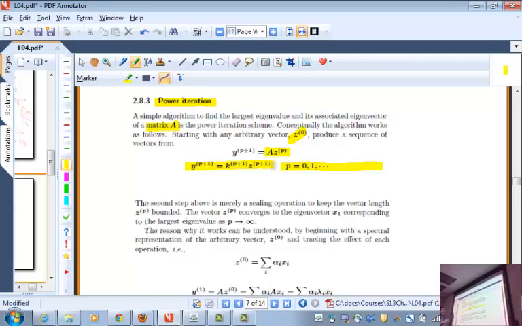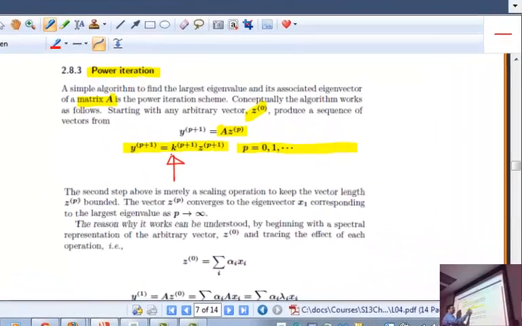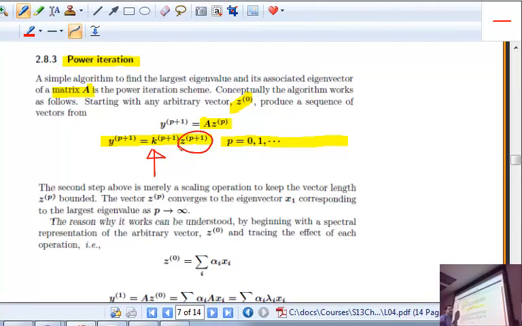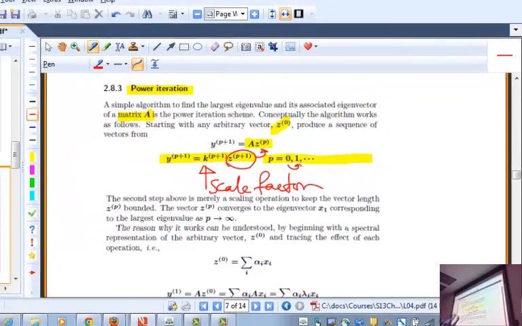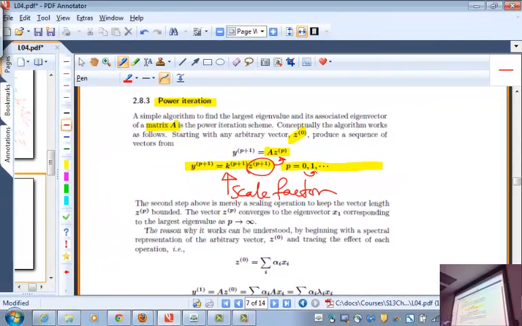K is some number, the largest number in y. I take the largest number in the vector y, divide by that, and I call the new vector z p plus 1. This is just a scale factor. And I take the z p plus 1 and put it on the right hand side. So I increment the index, and I get a new y, and I scale it, and I repeat this process.